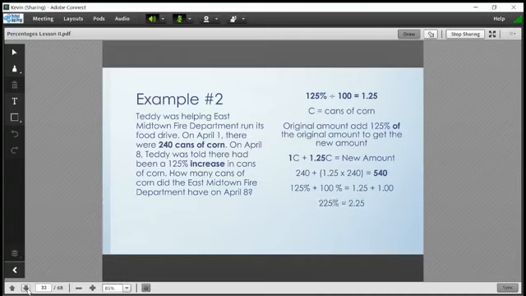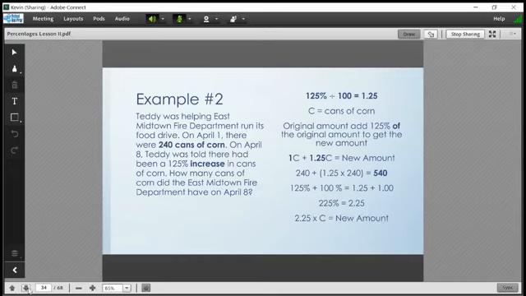So 125% plus 100% is going to be 225%, just in the same way that 1.25 plus 1 is equal to 2.25, which means that 225% is equal to 2.25. If I decimalize that 225% from the get-go, I take it, divide by 100 to get 2.25, or move the decimal 2 digits to the left to get 2.25.